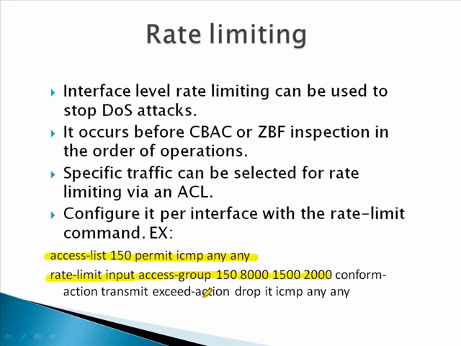If you conform to that, then the packet will be transmitted. If you exceed it, the packet gets dropped. Looks like I had some extra configuration on here. That's not necessary. That's just a typo. So after drop, the command's done.